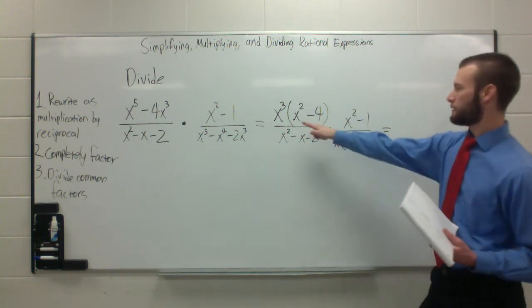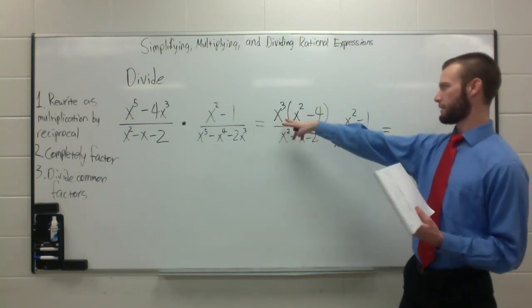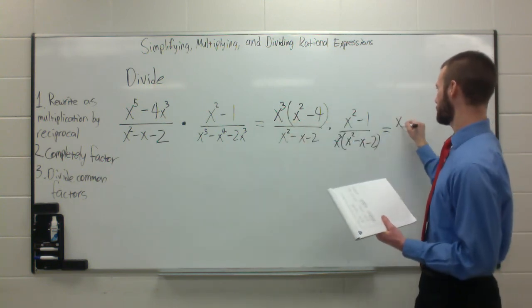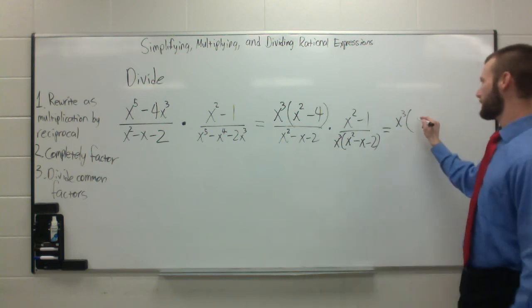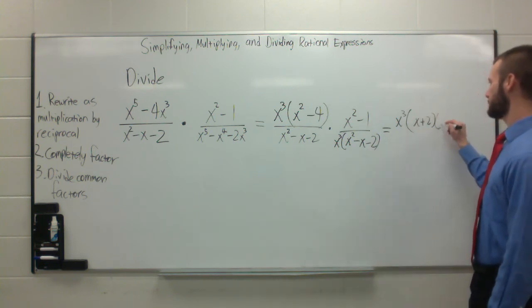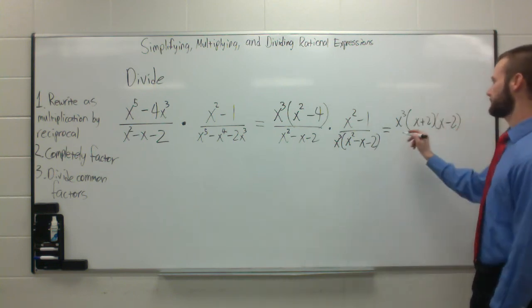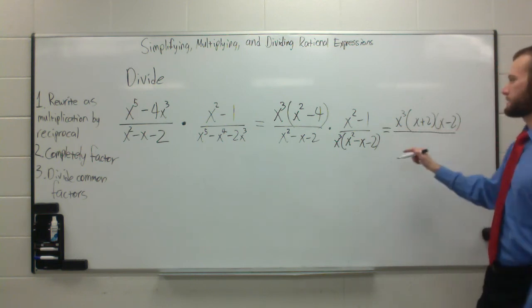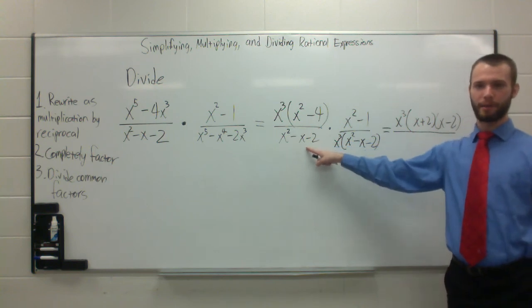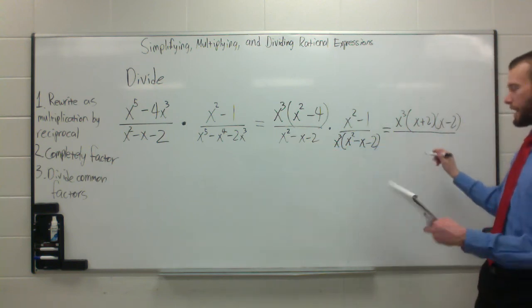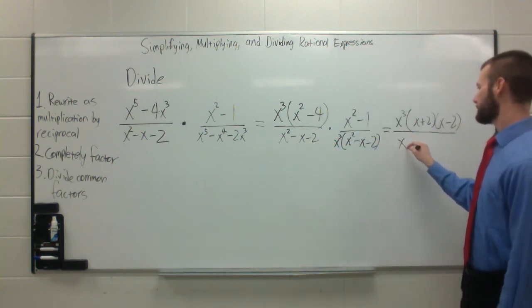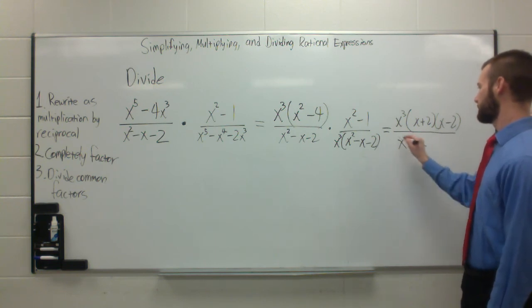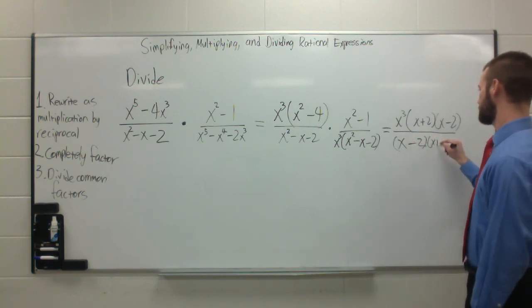So x to the 3rd is going to be left alone, but x squared minus 4, you should recognize factors to x plus 2 times x minus 2. Right? This is divided by x squared minus x minus 2, and I can factor that to x minus 2 times x plus 1.